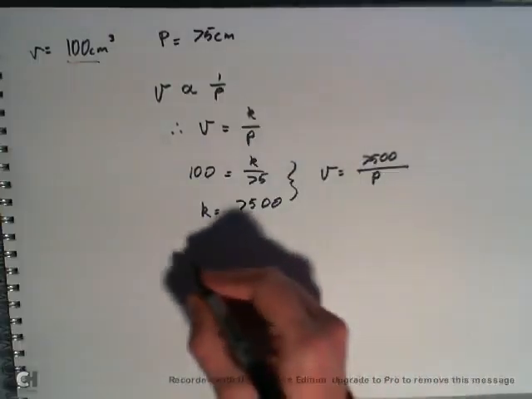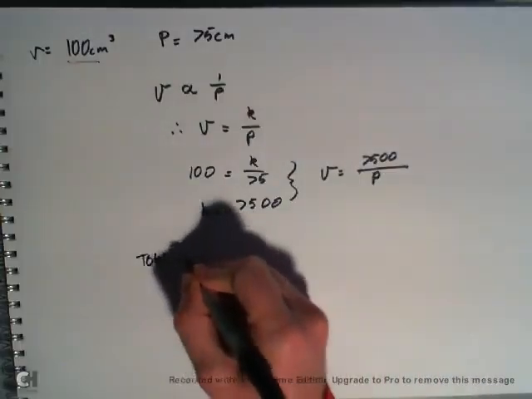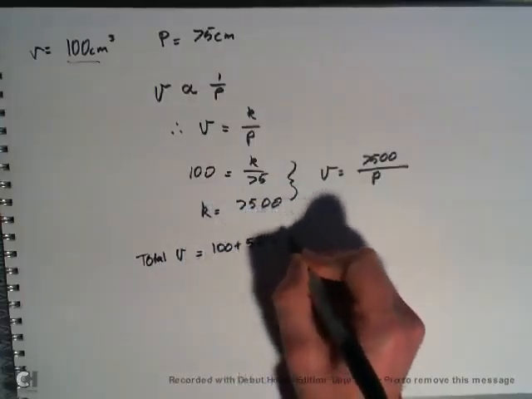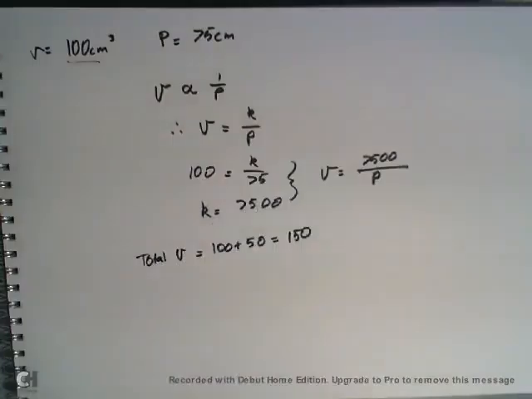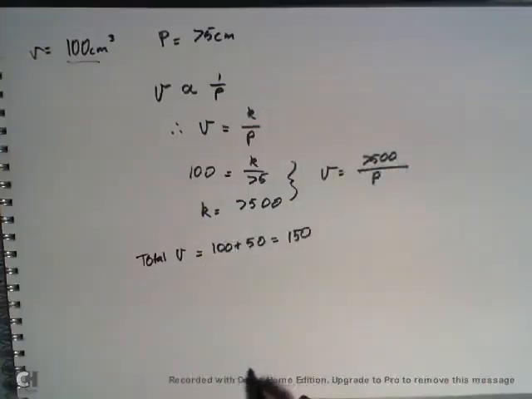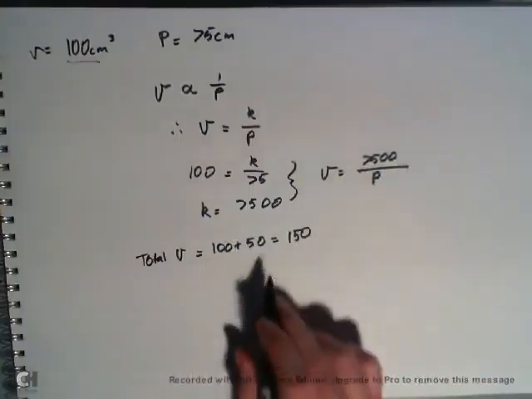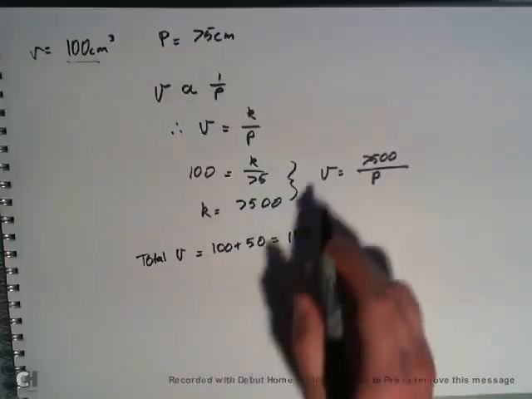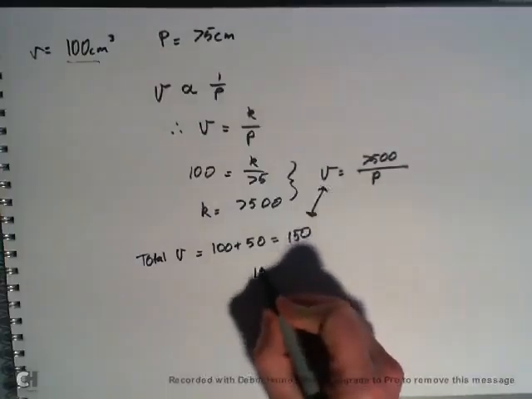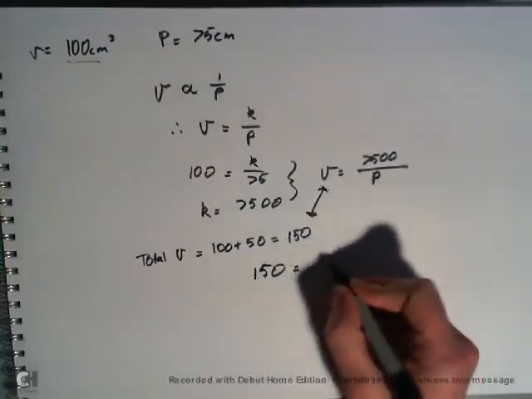So our total volume is 100 plus 50, which is 150. Now we can calculate the pressure for this volume. We know our volume formula, which is up here, and V is 150 for this example. So we're just solving for P now.